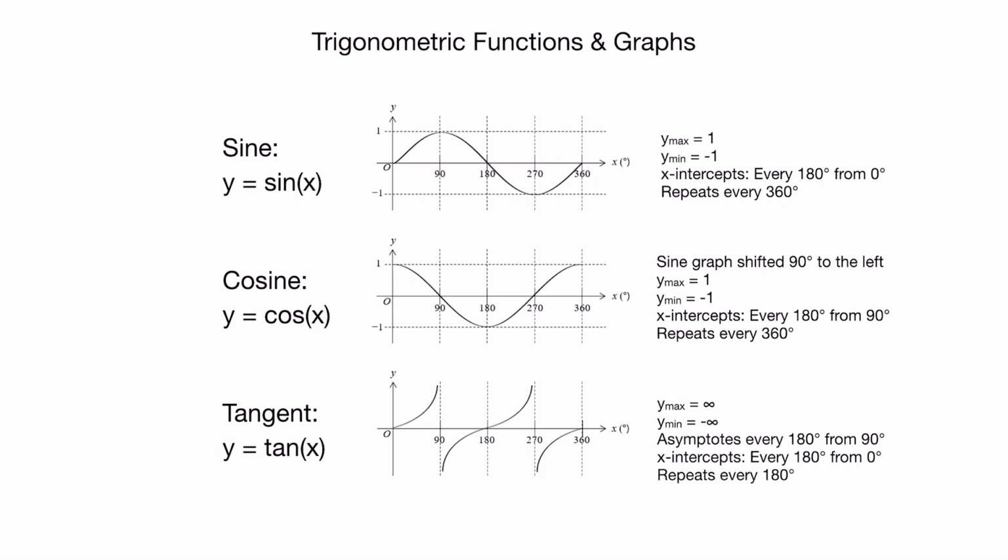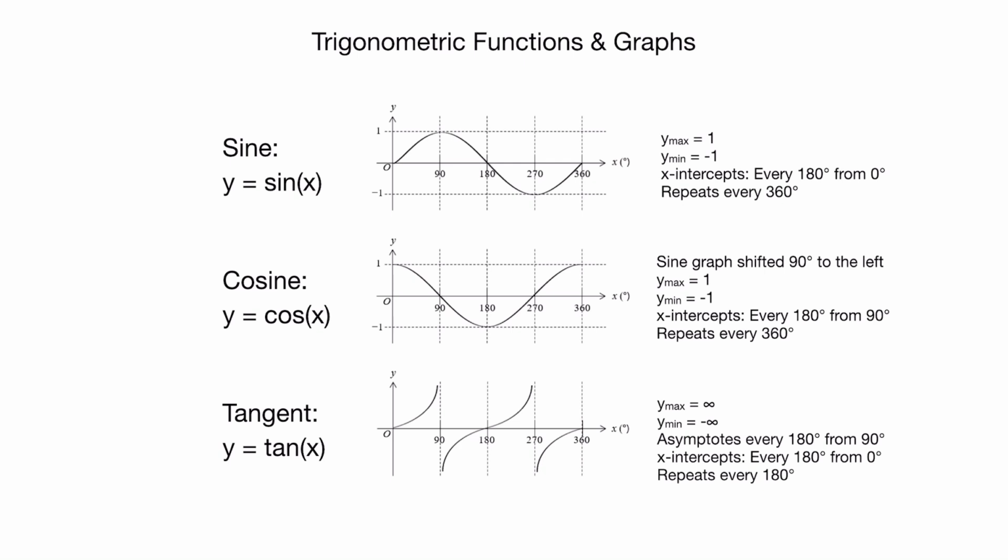It will get infinitely close to the lines x equals 90 and x equals 270, but it will never ever touch those lines. What that means is that there is no defined value for tan 90 or tan 270. These are undefined. It also has x-intercepts every 180 degrees starting from 0, as you can see on the graph here. And the tan graph repeats every 180.